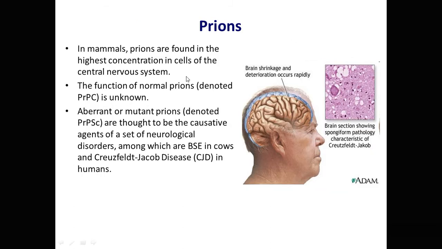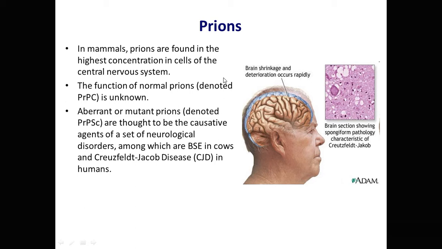In mammals and in humans, the prions are found in the CNS, mainly normal ones, and normal prions are denoted as PrPC, while the misfolded ones are PrPSc.